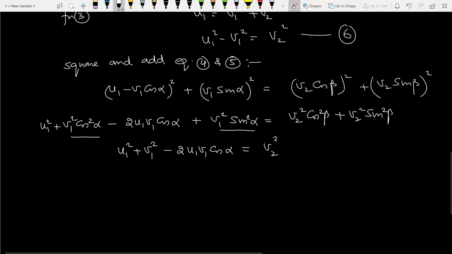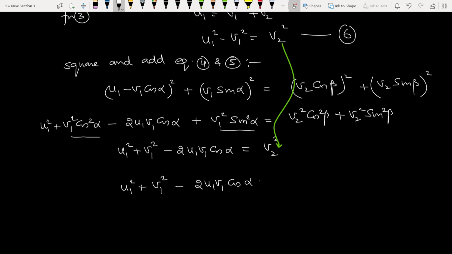And from equation number 6, we substitute the value of v2 square here, and we will get u1 square minus 2u1 v1 cos alpha plus v1 square equals u1 square minus v1 square. So u1 square will cancel out.